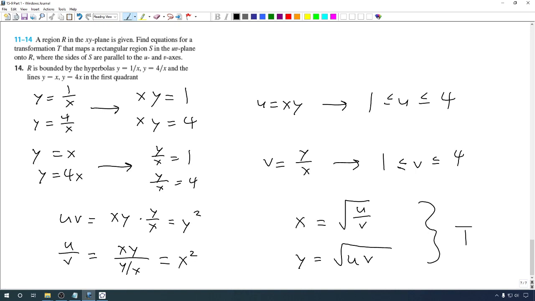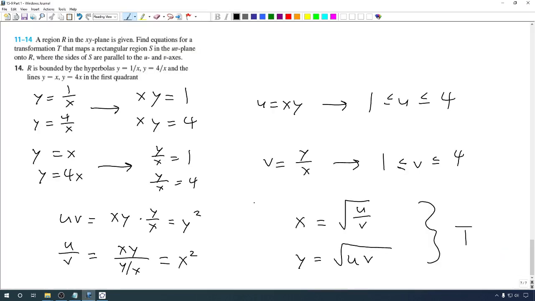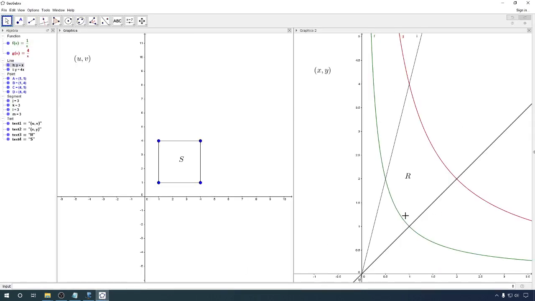And maybe that's good enough to do some integration over this region. Whether or not that turns out nice might depend, but it is a way of doing that. This is a way of getting a transformation from a square to this more complicated region that would be a real pain to do anything with directly anyway.